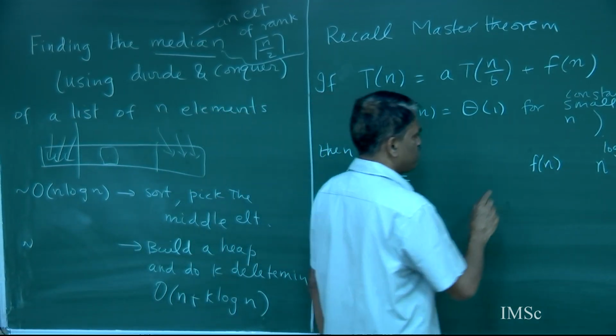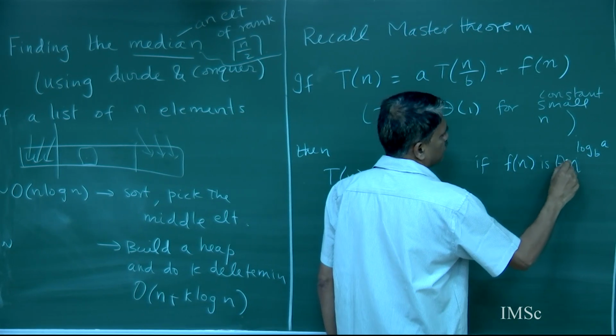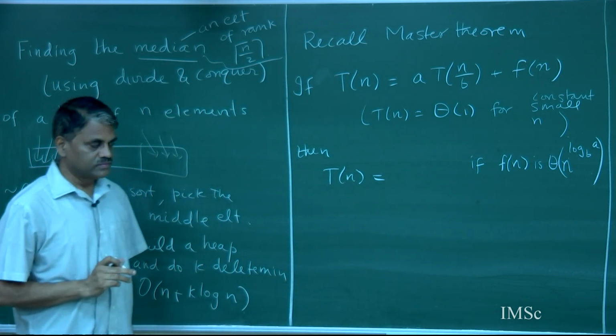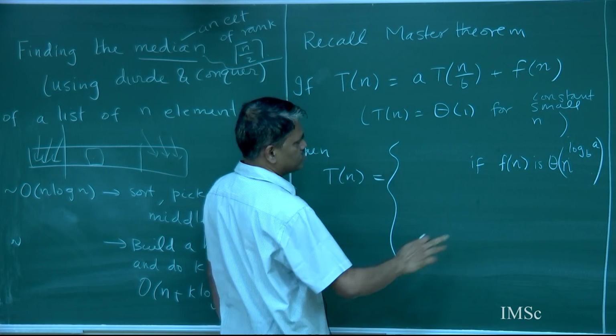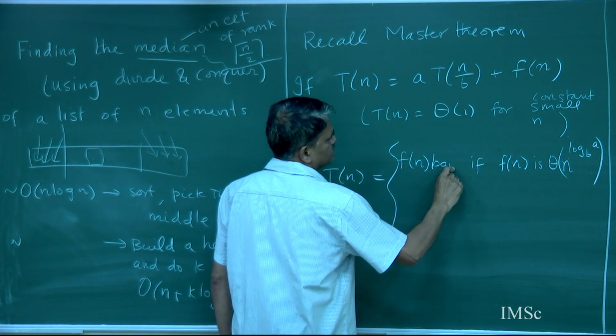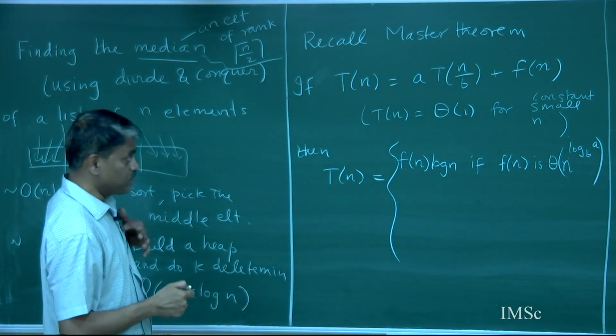So if both are of the same asymptotic complexity, then it will be f of n times log n. f of n and theta of n power log a to the base b are the same, so n power log a to the base b times log n.